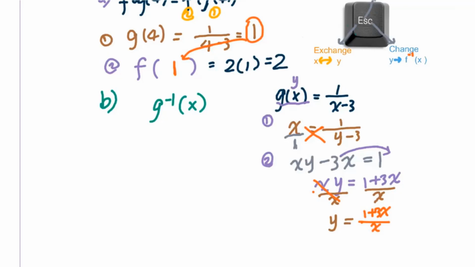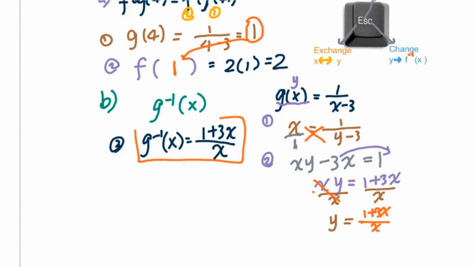Then the third step, change y into the inverse function symbol. That is, the inverse of g of x equals (1 plus 3x) over x.